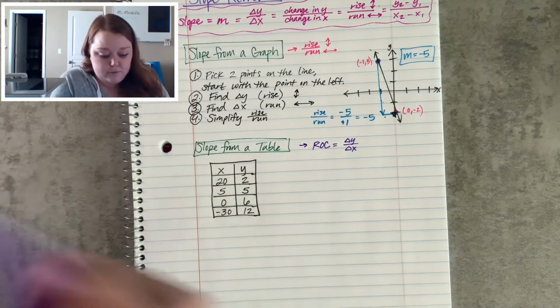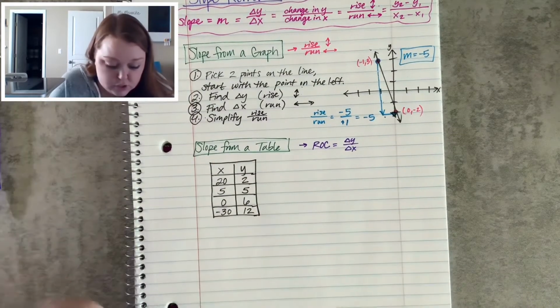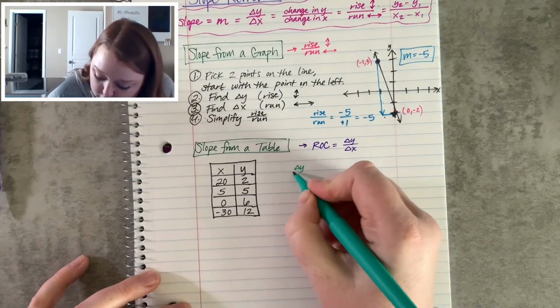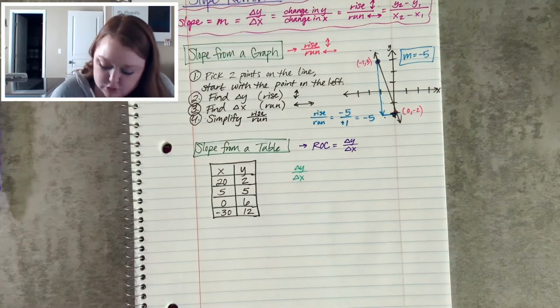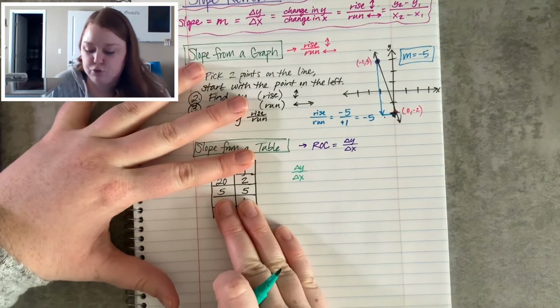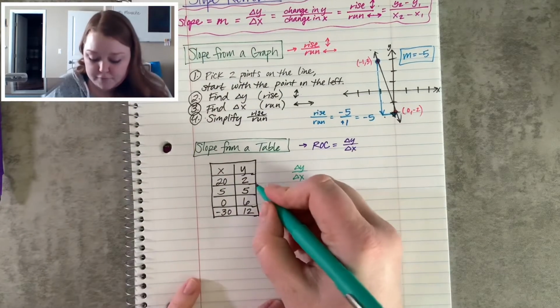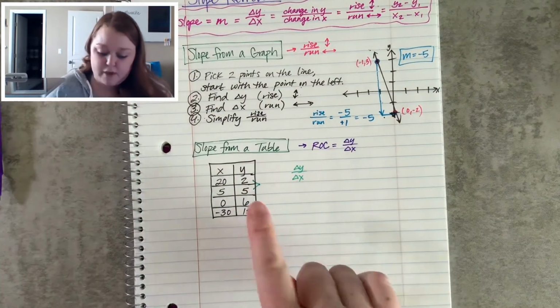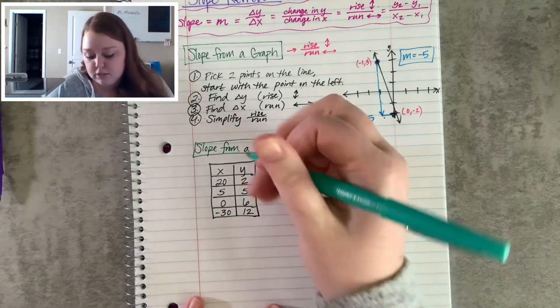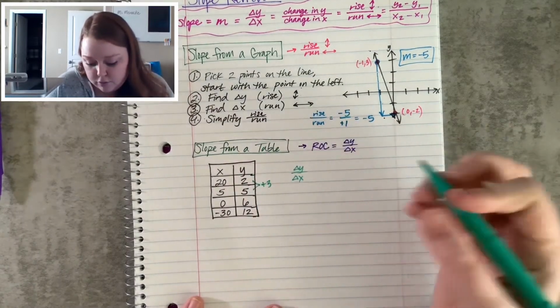Okay, so I want to find all of my changes in y and divide them by the changes in x. So we're going to look at the first 2 ordered pairs from 20,2 to 5,5. Let's look at the change in the y values. So how did 2 get to 5? It added 3.